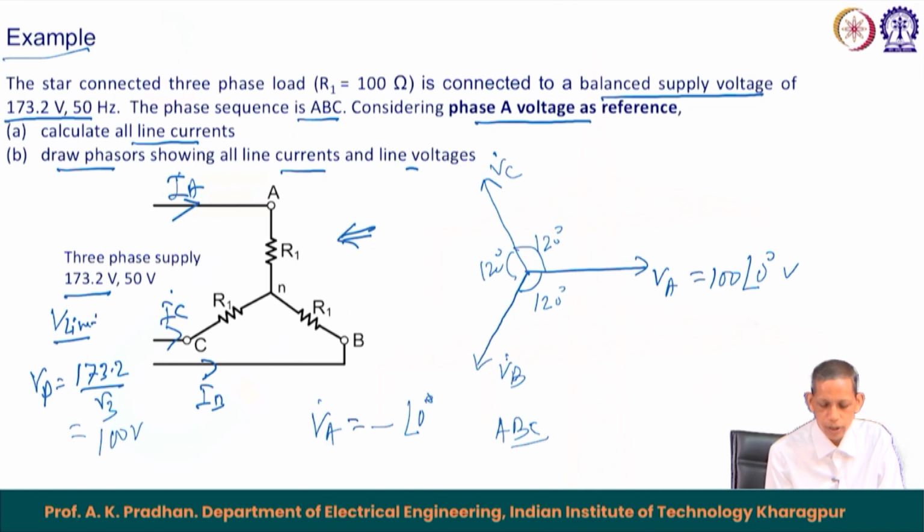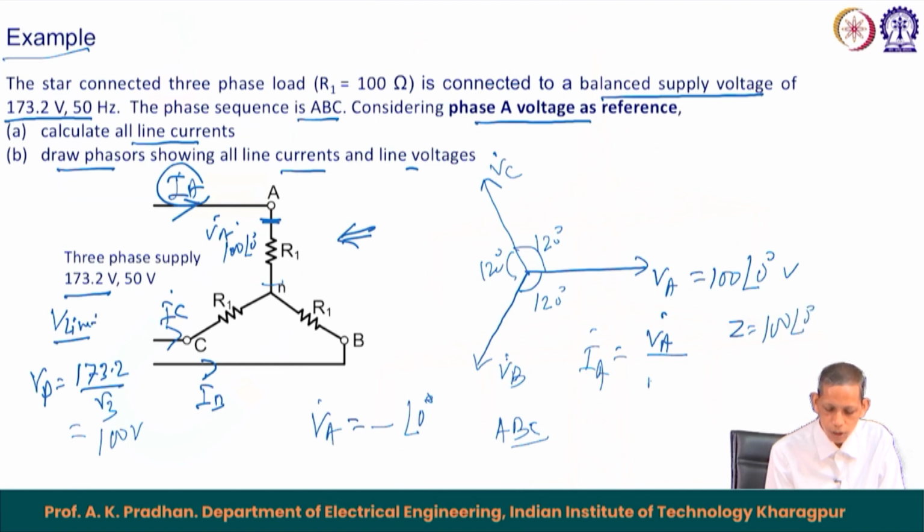Now, we will go for the I A current. I A will be equal to the V A voltage, the phase voltage across this, which is 100 with an angle of 0 degree, divided by the impedance. Here the impedance is nothing but a resistance of 100 ohm, so Z equals 100 with an angle of 0 degree.